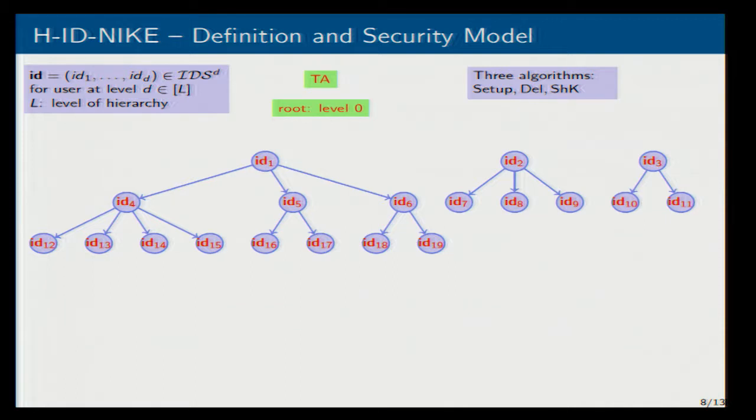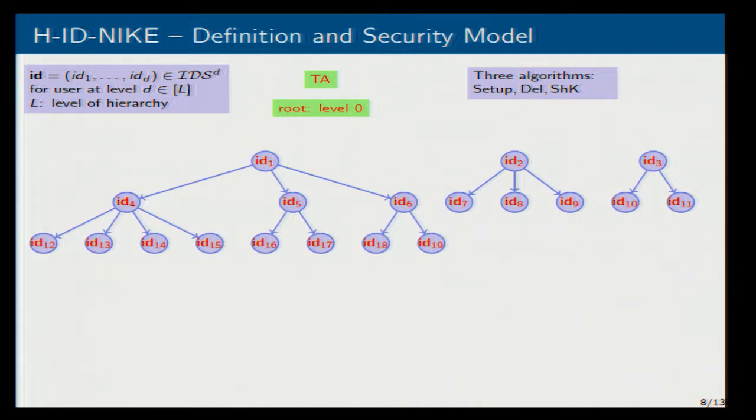So before I explain how our HIDNIKE scheme works, I would like to first formalize what is a HIDNIKE scheme. So like in hierarchical IBE, we have a hierarchy of depth L, and every node in the hierarchy is represented by a vector of identities.